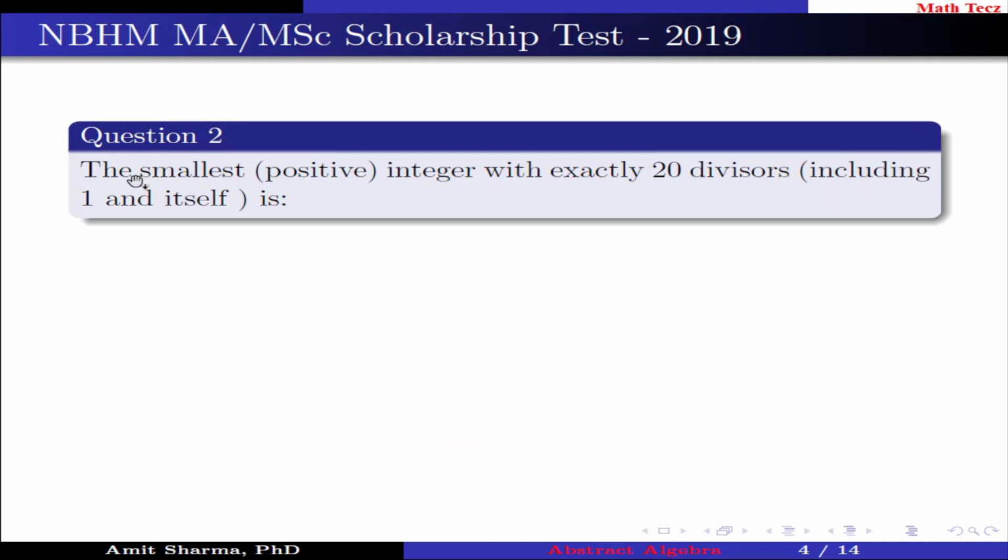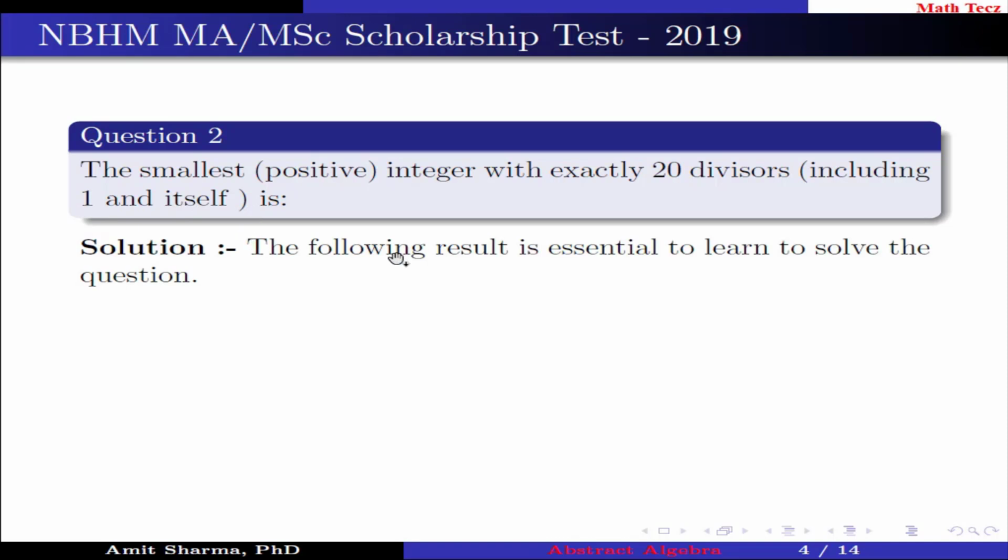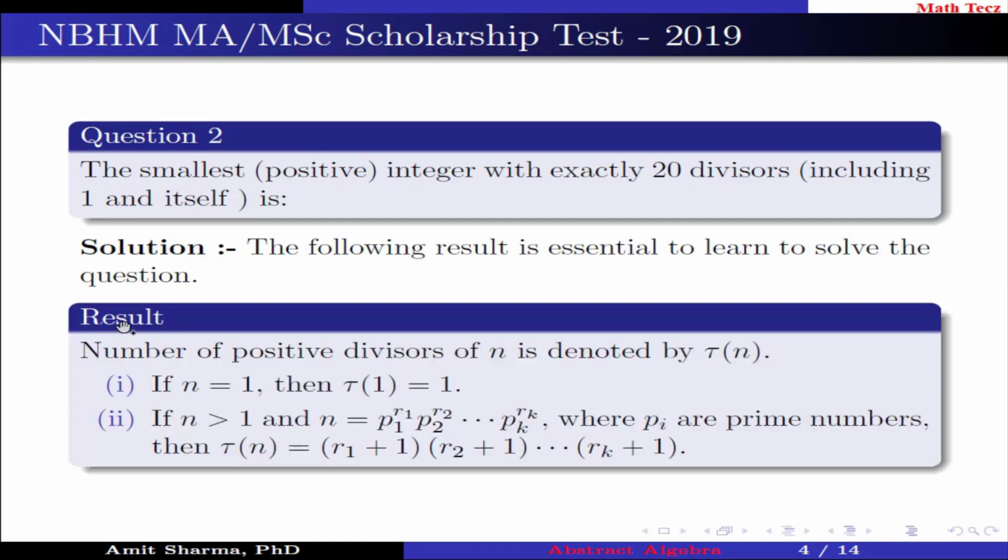Question number 2. The smallest positive integer with exactly 20 divisors, including 1 and itself, is. The following result is essential to learn to solve the question. Result: the number of positive divisors of n is denoted by tau of n.